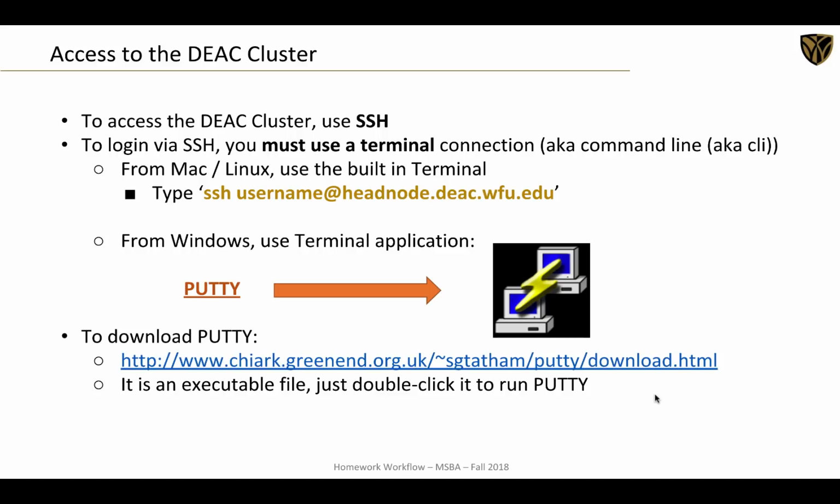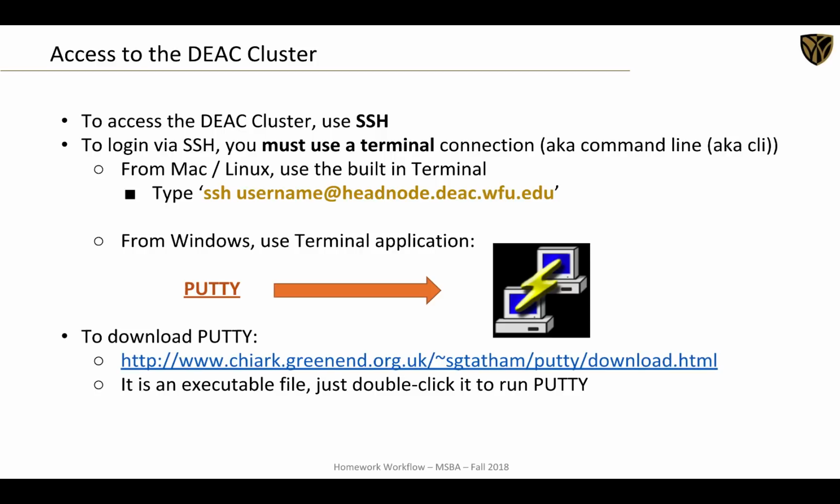To access the DEAC cluster, users will need to use the Secure Shell Protocol, or SSH for short. SSH is a communication protocol commonly used for terminal connections. This means it's normally used via the command line, or CLI for short.